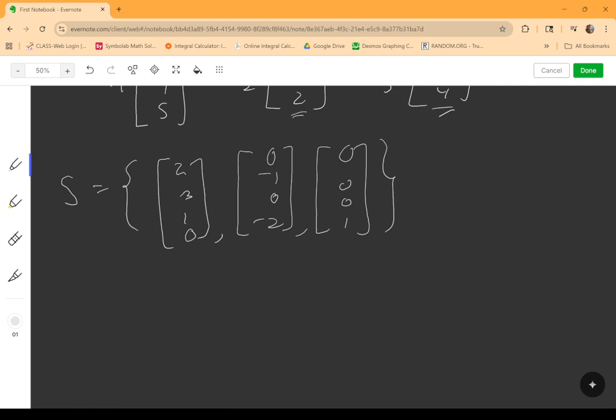And again, I want to determine if it is linearly independent.